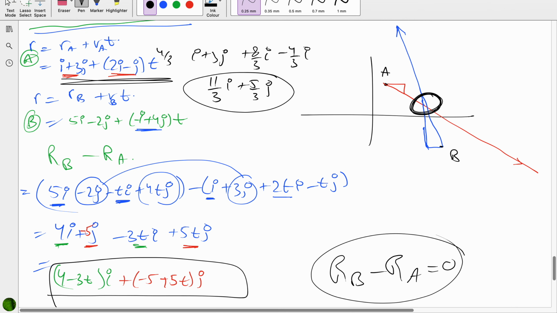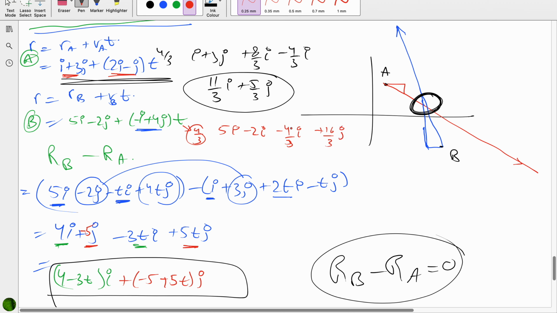Now we're checking for the position of B. So we substitute t as 4 by 3 and we get 5i minus 2j minus 4 by 3 i, and 4 fours are 16 by 3 j.